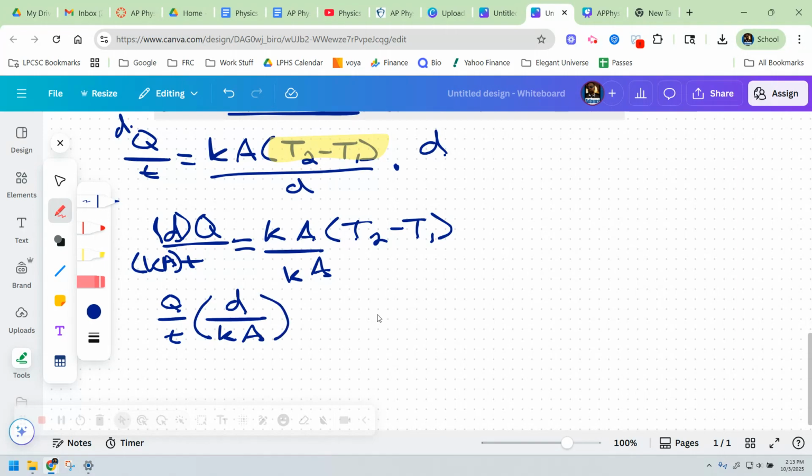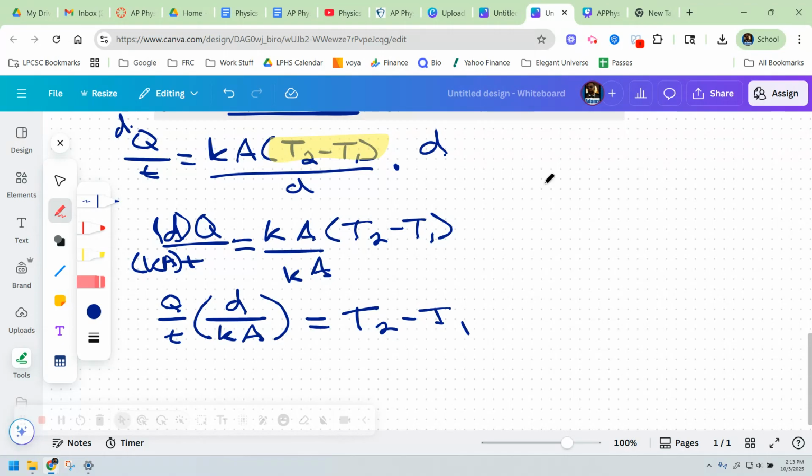So heat over time times the distance over thermal conductivity times the area is equal to the temperature difference. Easy peasy, right?